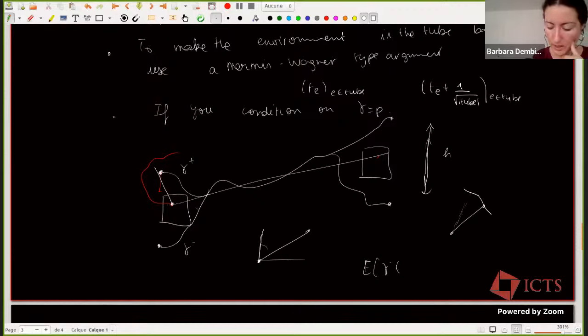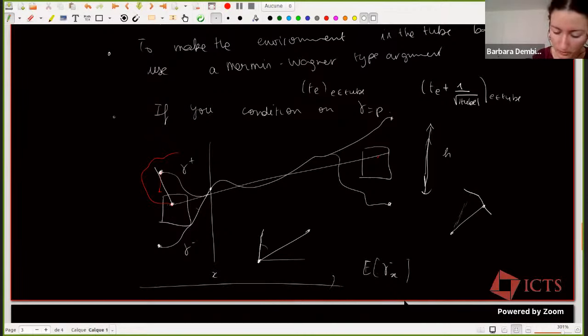If I look at gamma minus, it's kind of a weird notation, but gamma minus of x is the height at the first time you hit the axis x. So you have an x and you look at the height at the first time it hits this one.